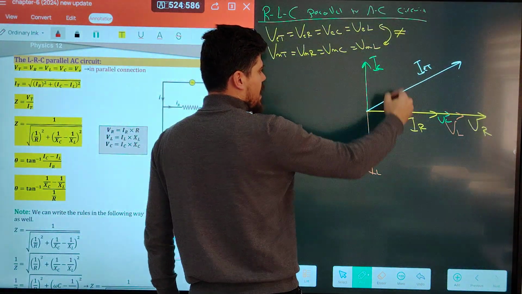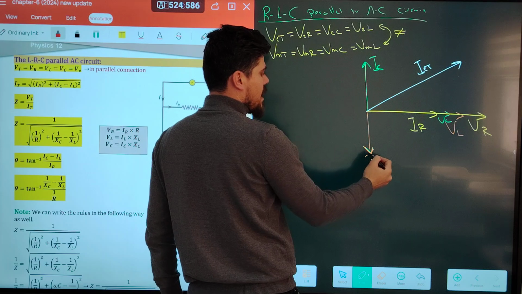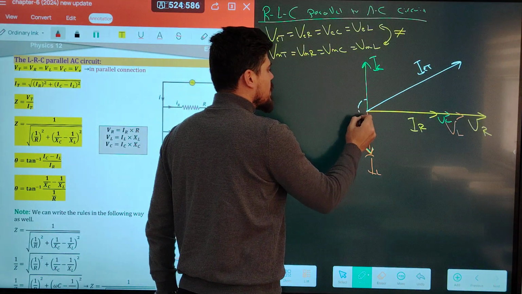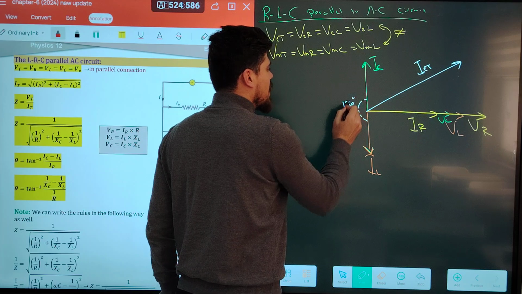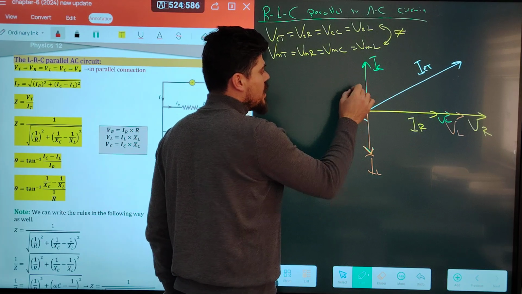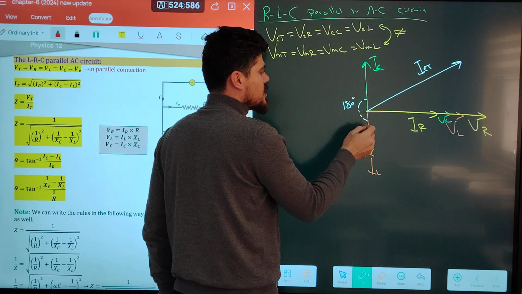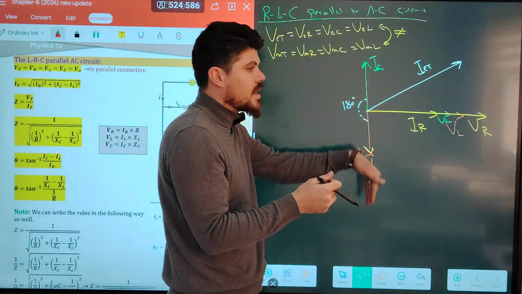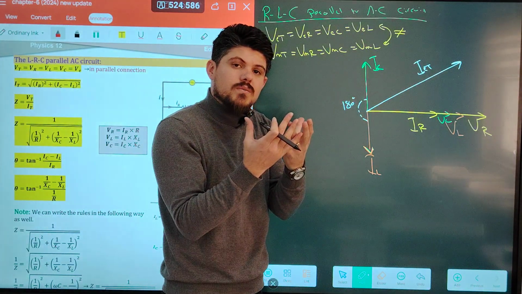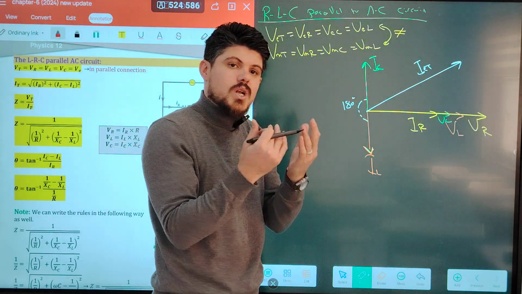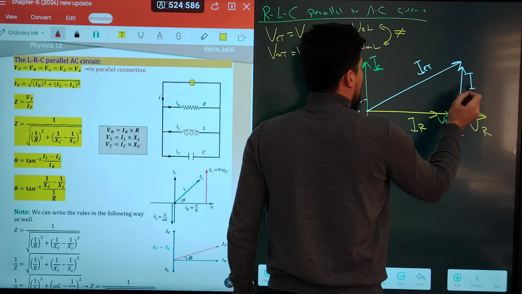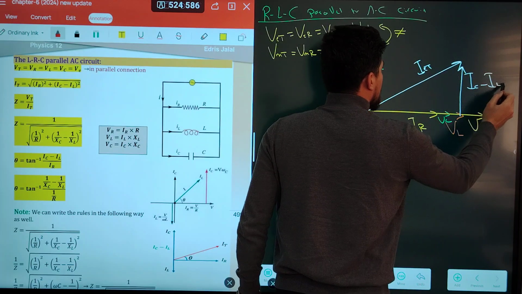How many vectors do we have here? 2, IC and IL. IC with IL, the angle between them is 180. How can you find the summation of these two vectors? We have to subtract them. Why? Because IC is upward, IL downward. The summation of the two vectors in opposite direction becomes IC minus IL.